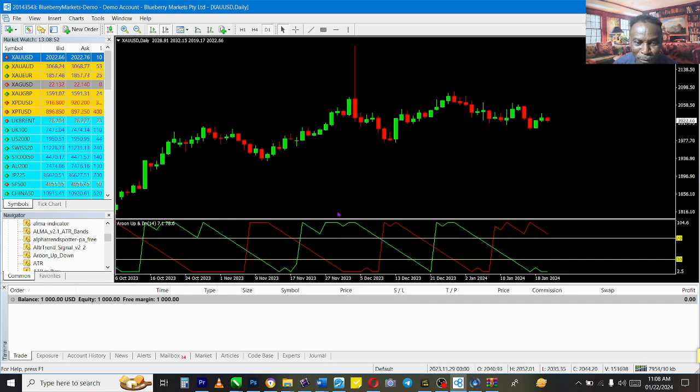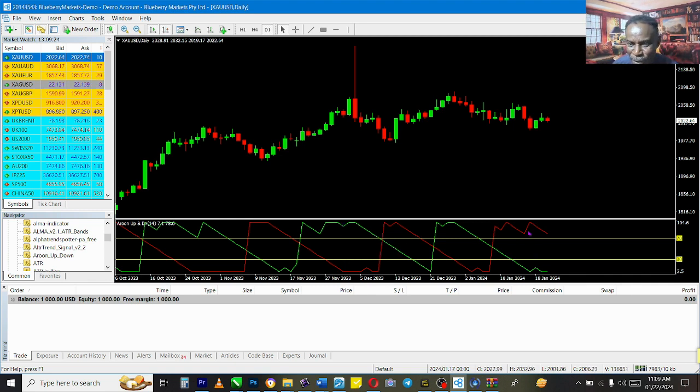So when you look at this area, it means that the Aroon up, which is the buy, is very, very high compared to the low, the sell. Do you understand? So the Aroon up, when it is far away from the Aroon down, it means that the trend to buy is higher.